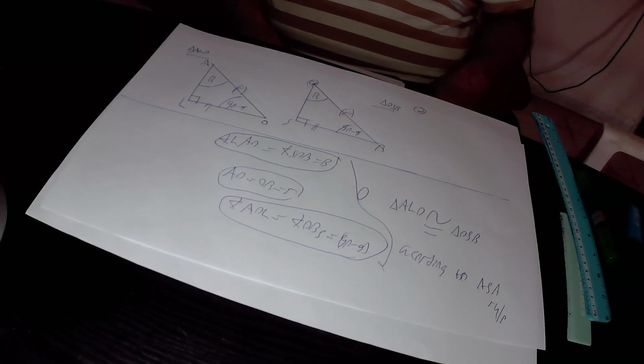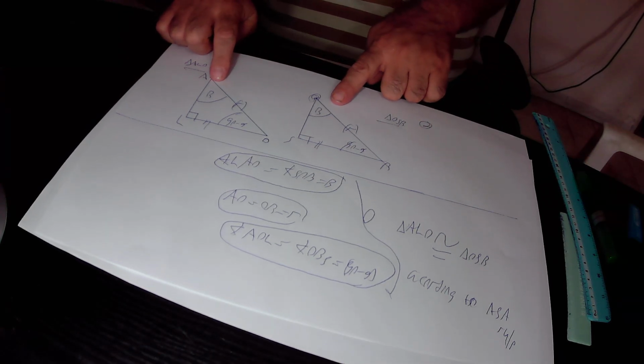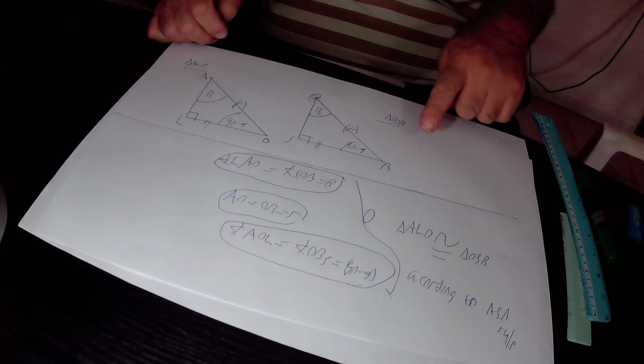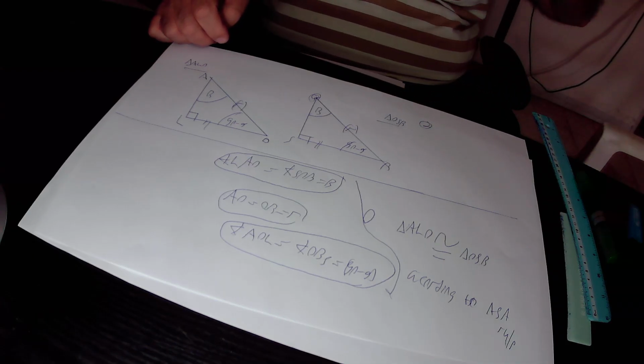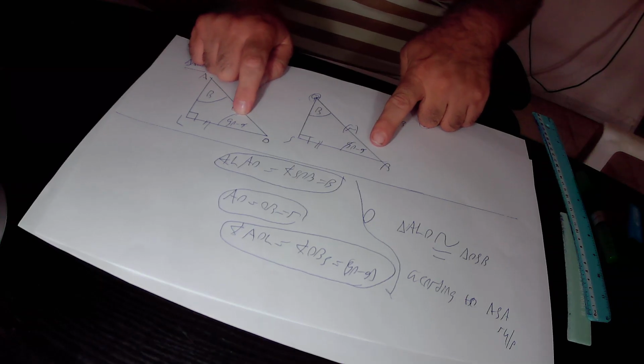So why can those two triangles be superimposed? First of all, those two angles are both equal to beta, and therefore they are equal to each other. In addition, AO equals OB, they are both the radius of the circle, equal to R, therefore they are equal to each other. And those two angles are both equal to 90 degrees also, and therefore they are equal to each other.